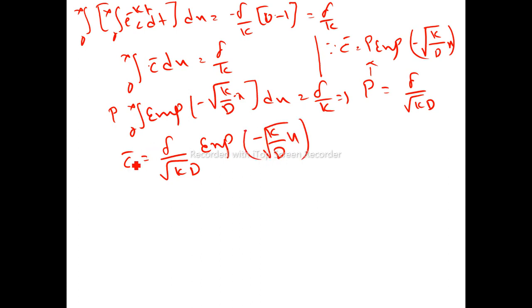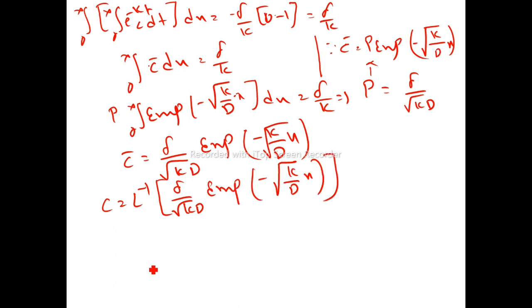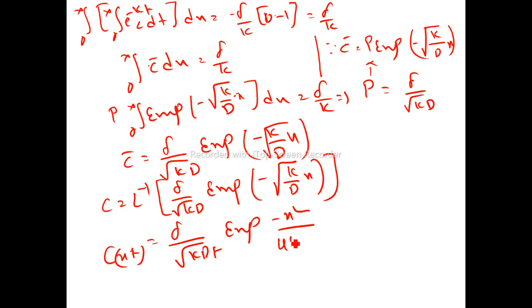Then I am applying the Laplace inverse here: delta by root kd exponential of minus root k by d into x. After the Laplace inverse transformation, we get c of x comma t written as delta divided by root pi d t into exponential of minus x square divided by 4 d t.